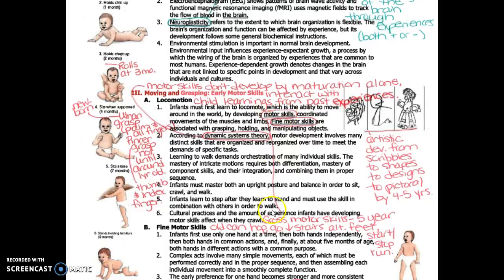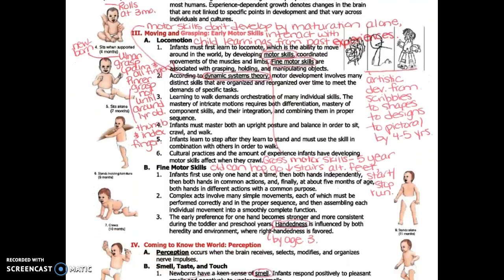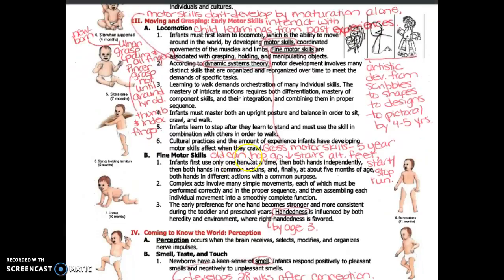And then gross motor skills have to do with your bigger muscles. And around 5 years old, they start to be able to hop, go down stairs with alternating feet. Before that, they kind of take one step onto a step and then put the other foot onto it, and it takes a little while for them to get it. And they're able to start and stop running. Doesn't sound like much, but for a little one before age 5, a lot of times falling is how they will stop a run.